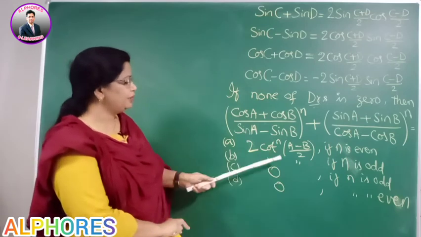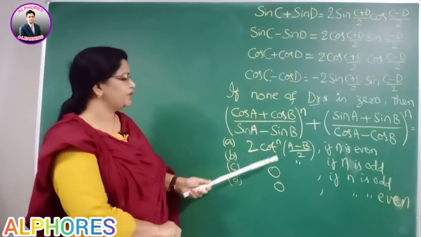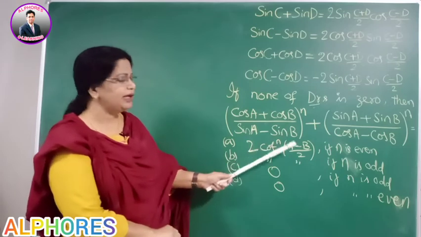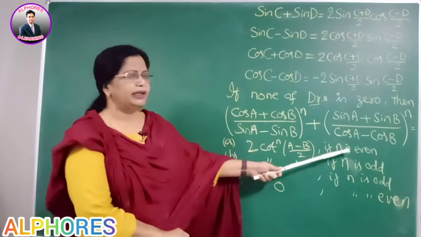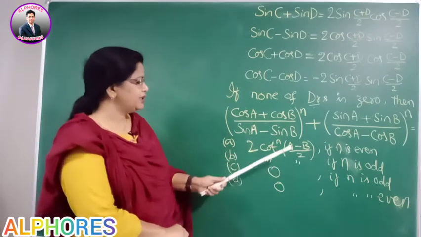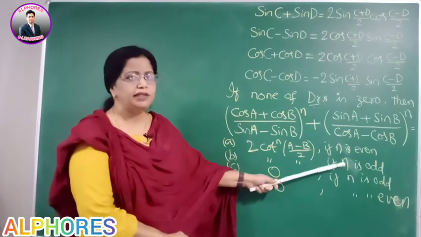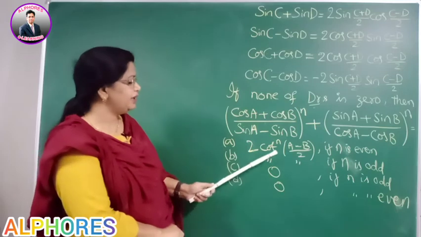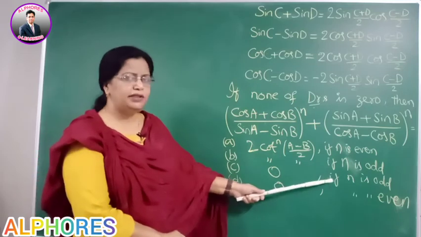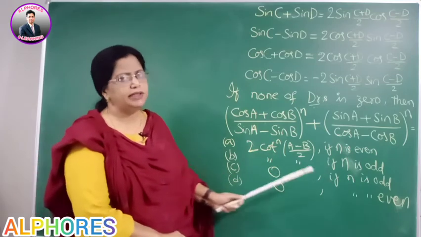So how are the options? Very simple. It is 2 times cot power n of (a minus b) by 2 when n is even. And the same value they are giving for n is odd. And the next value, 0 when n is odd, and 0 when n is even.